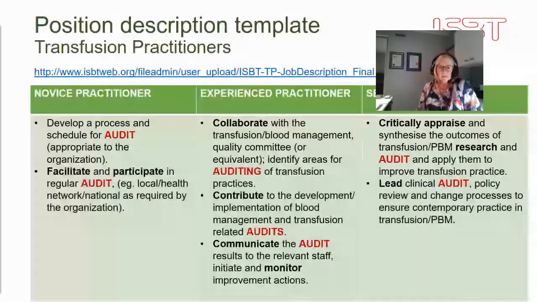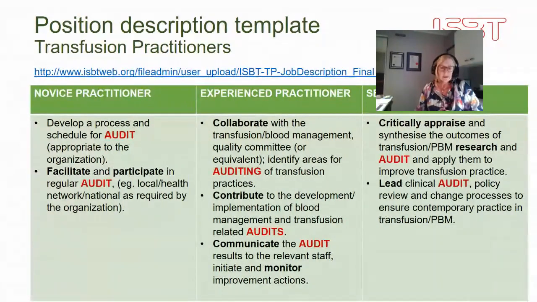So here is something that's been taken from our position description template that's currently available on the ISBT Transfusion Practitioner webpage. We've put together a whole template for position descriptions covering the 3 different areas of transfusion practitioners. So someone who's a novice, someone who's an experienced practitioner, or someone who's in the senior practitioner role.